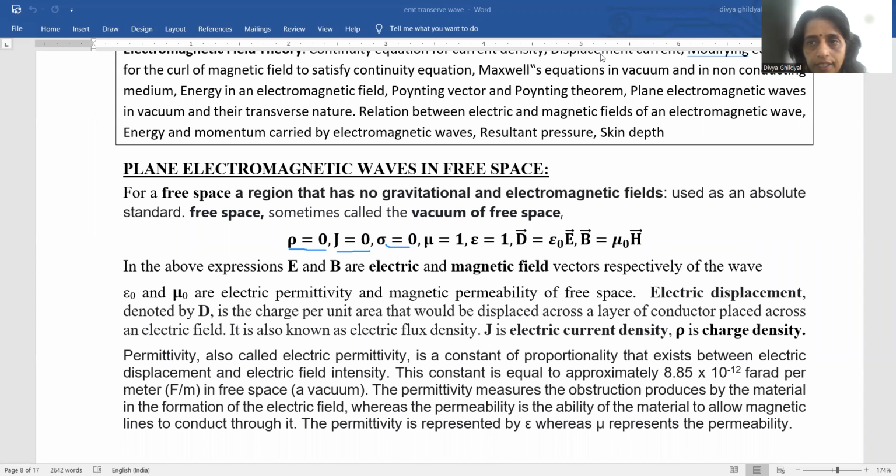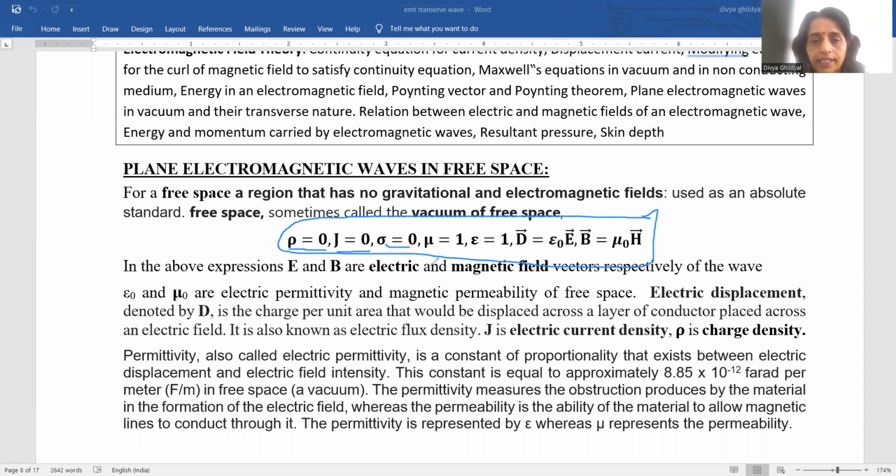So in free space, your rho becomes zero, that is charge density; J, current density, I upon A, is zero; sigma is 0, mu is 1, epsilon is 1, D equals epsilon naught E, and B equals mu naught H. You have to remember these expressions because you will be putting these values in Maxwell's equations to derive an expression for plane electromagnetic waves in free space and prove that they are transverse in nature.